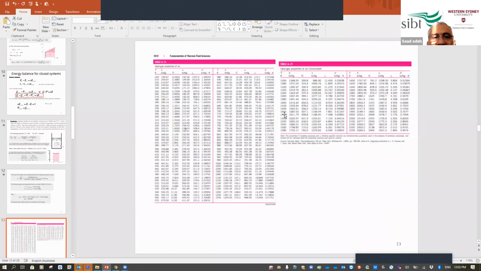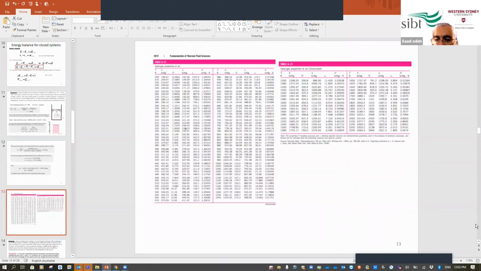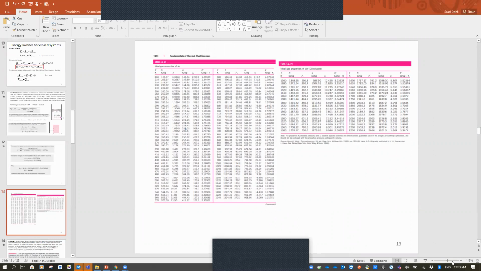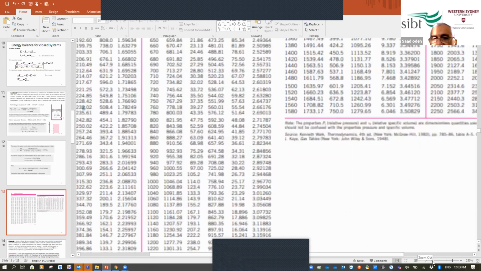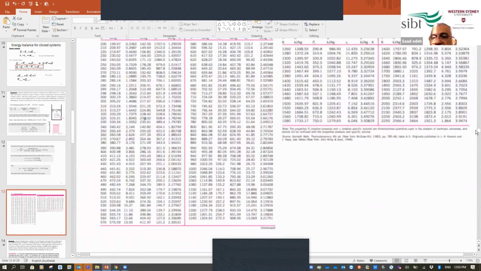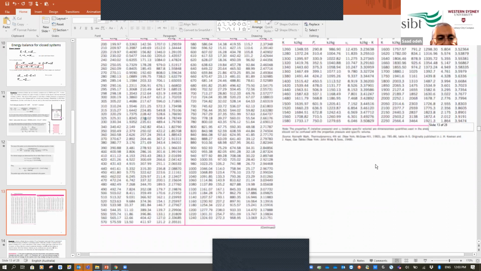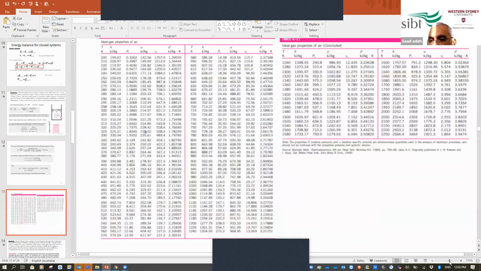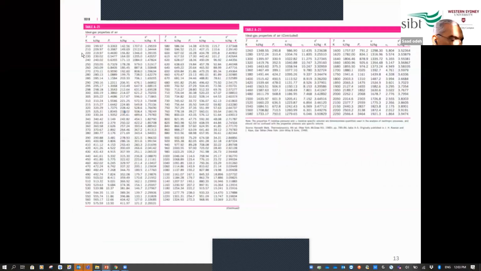So this is table A21. Everyone can see it? Yes, sir. So if I make it bigger, the initial temperature was, what was the initial temperature? 300, correct?